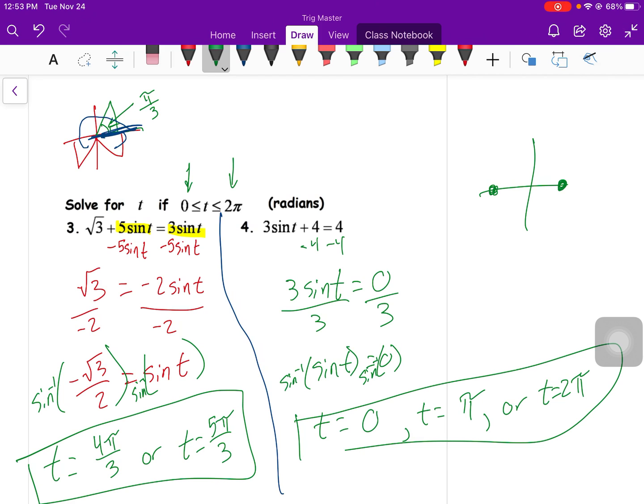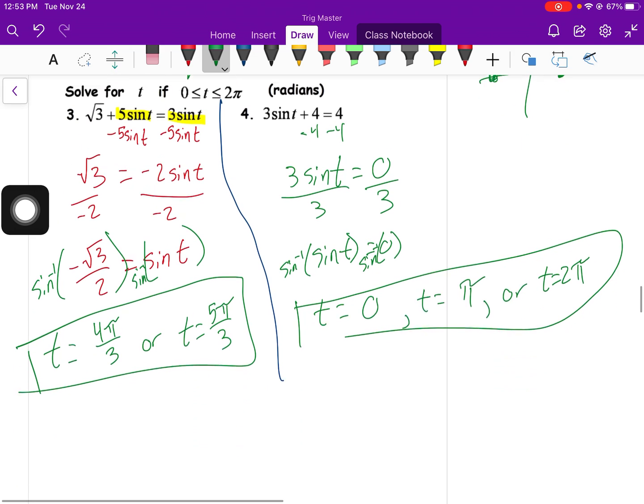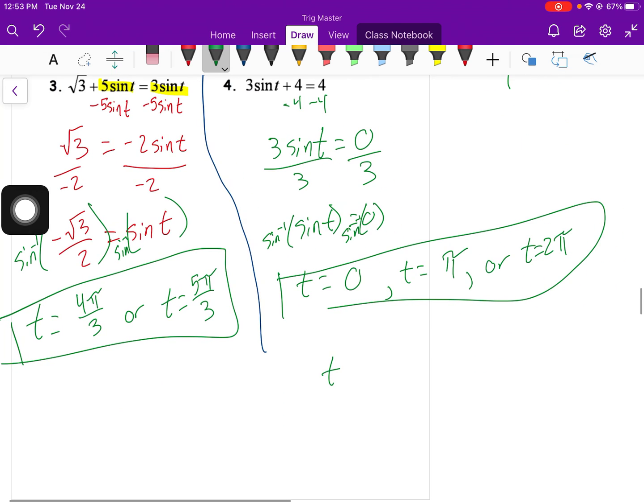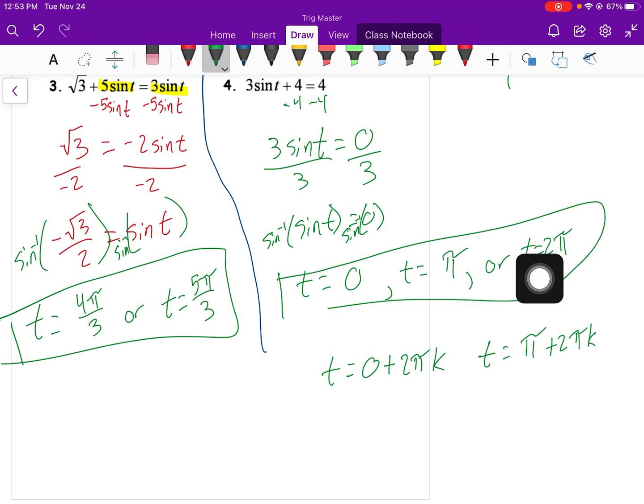So just like with the degrees, if you don't have a restriction here, since it's in radians, one rotation is 2 pi k. So you would write t equals pi plus 2 pi k, and then you won't have to write t equals 2 pi plus 2 pi k because that's part of this one.